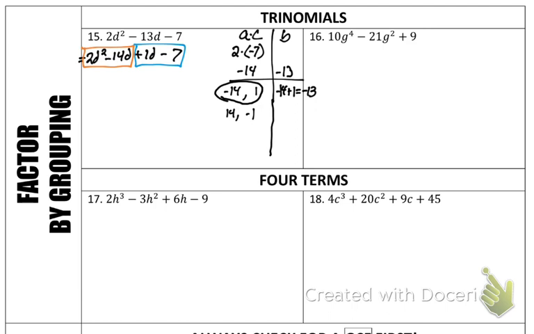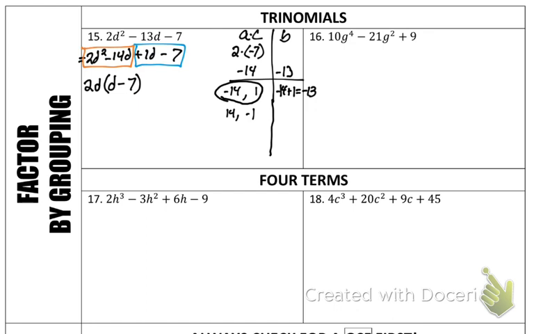So 2 and 14, I can pull a 2 out of there. D squared and d, the smaller power is d, so I can pull a d out. 2 divided by 2 is 1, so we're left with a d here. 14 divided by 2 is 7. d divided by d is 1, so I have d minus 7.